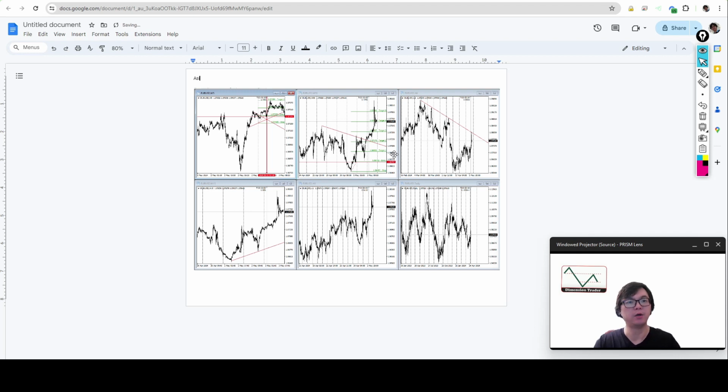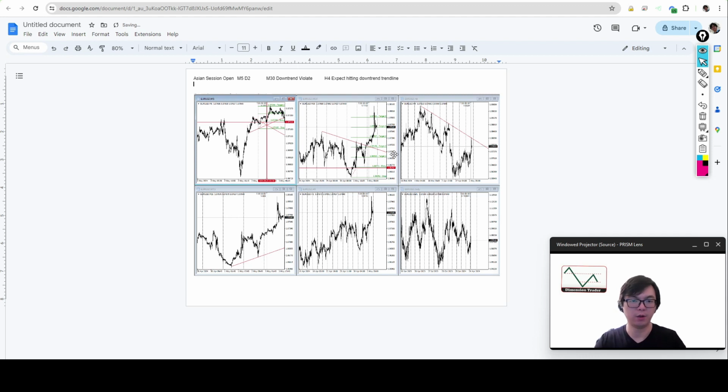This is going to be the Asian session open strategy with 5-minute continuation dimension 2 setup, combined with 30-minute downtrend violated, with 4-hour expecting to hit the downtrend trend line, and we are going to have 6 pips risk, 12 pips target, 12 pips profit.